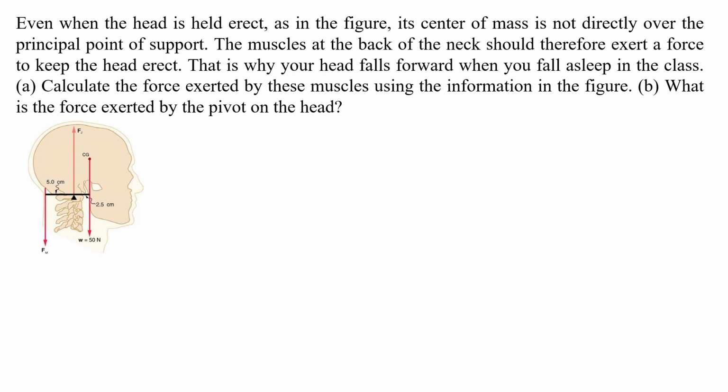Alright, so what is given here? We are given R sub m. That's the distance from the pivot point to where the force is exerted by the muscle. That's equal to 5.0 centimeters.